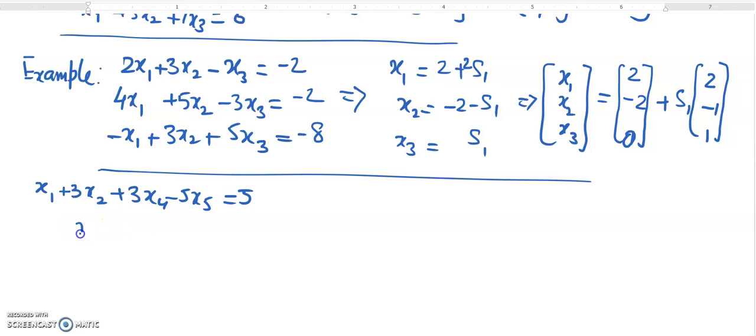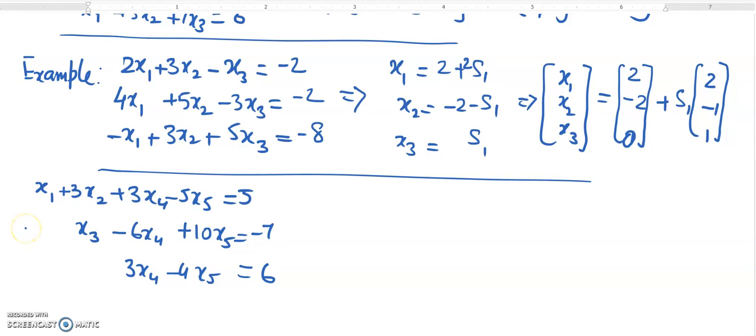Then x3 minus 6x4 plus 10x5 is equal to minus 7, and then 3x4 minus x5 is equal to 6. For this set of equations, we need to find the solution.